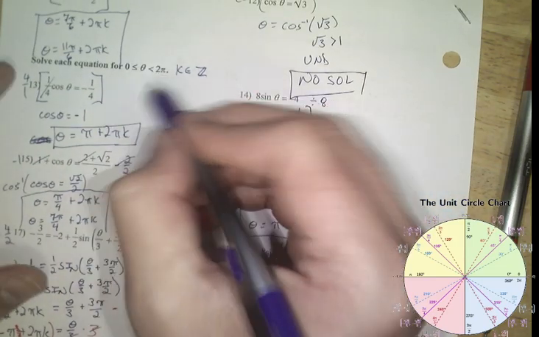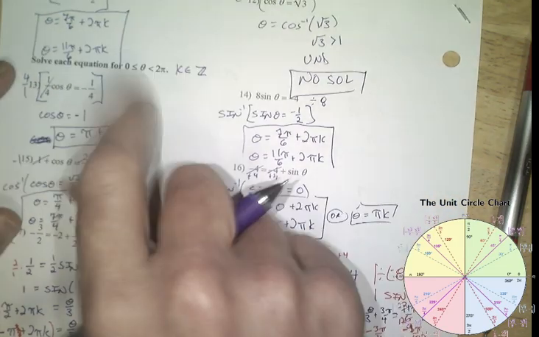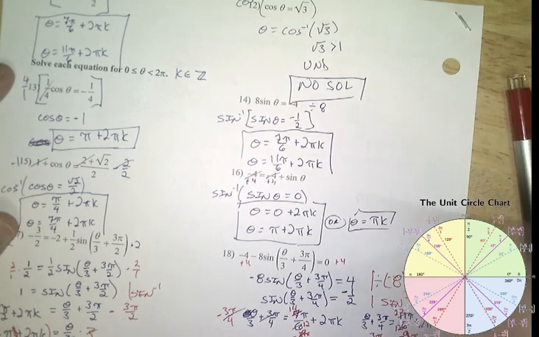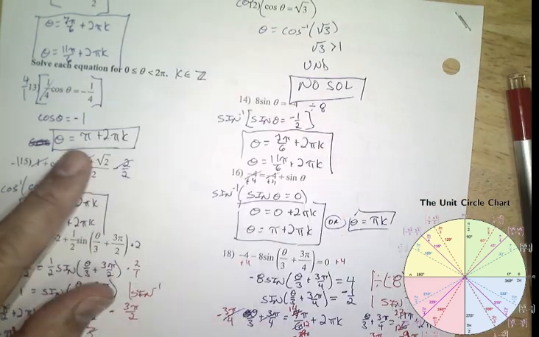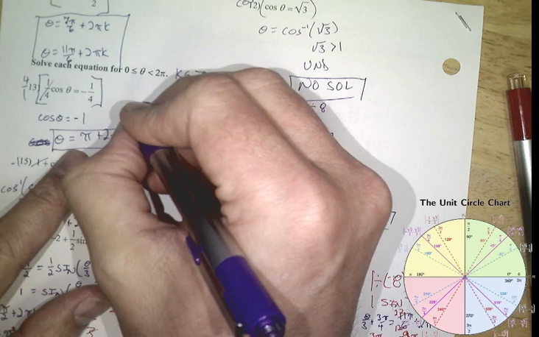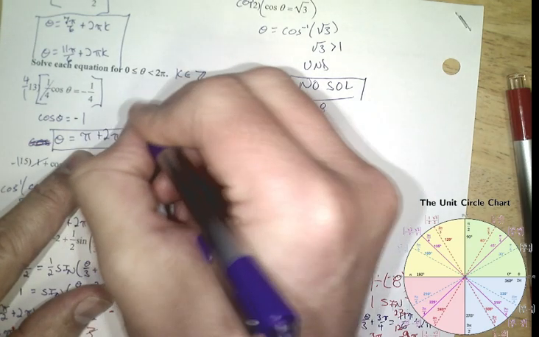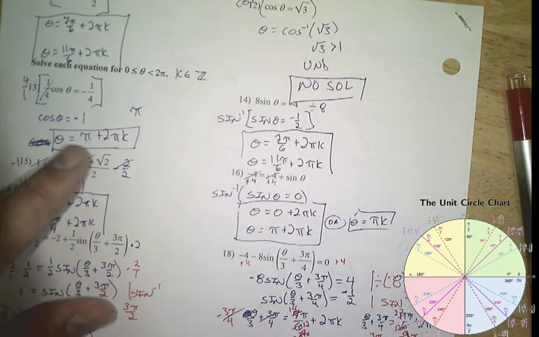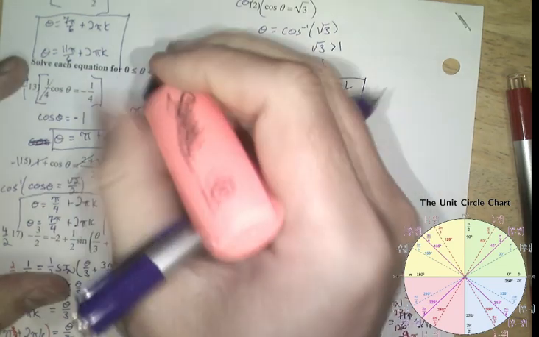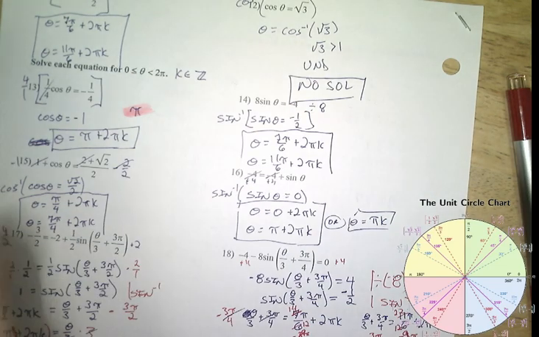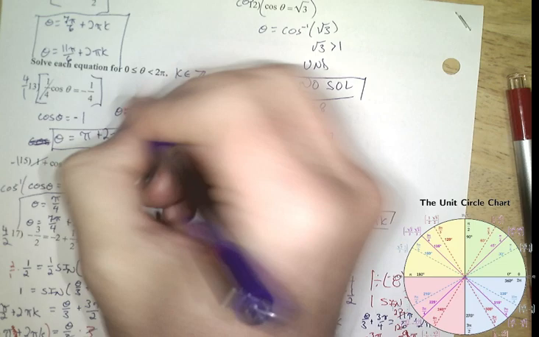I did just notice that we just want this first interval. So gonna go through here and just jot these down real quick. That's the only one there. That should just be pi. That's our only solution. Theta equals pi.